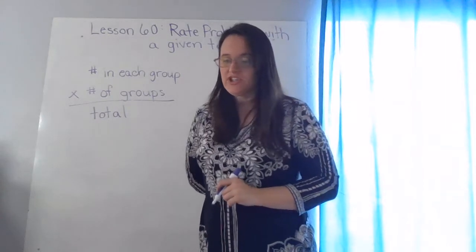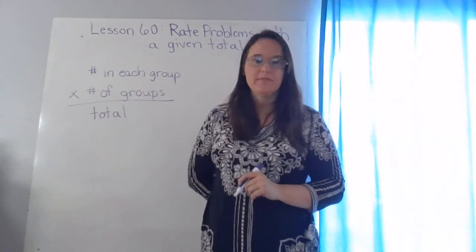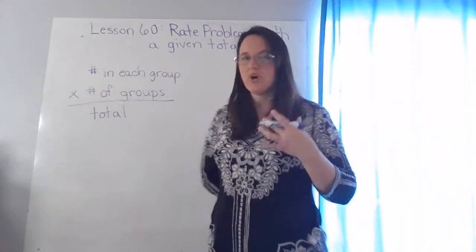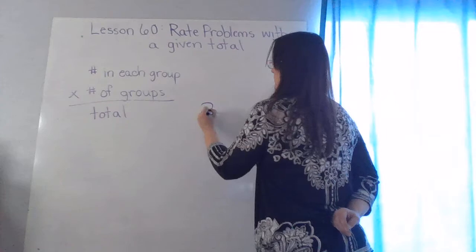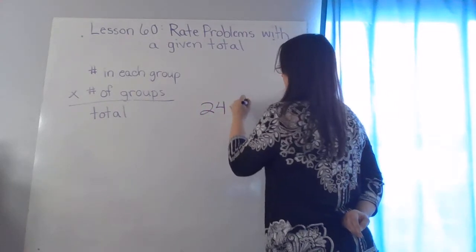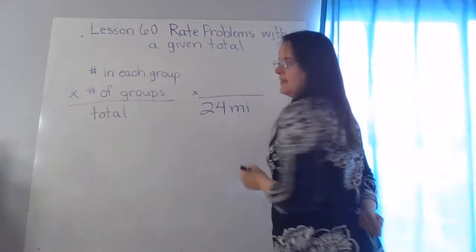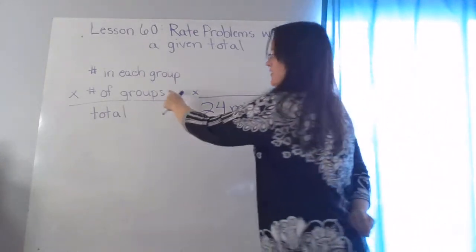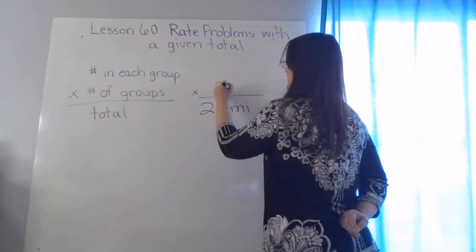So they told us that she rode her bike 24 miles. They don't say total, but you can think that. Total. She rode her bike 24 miles. That's our total. She rode for 3 hours. That's going to be the number of groups.